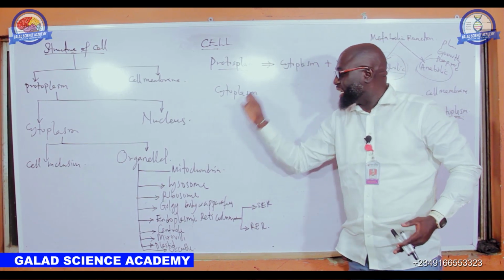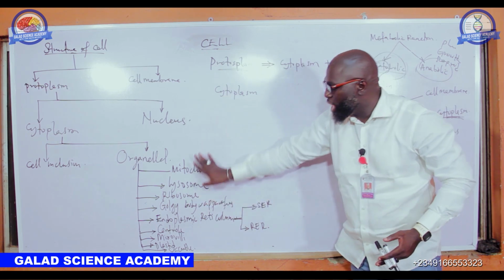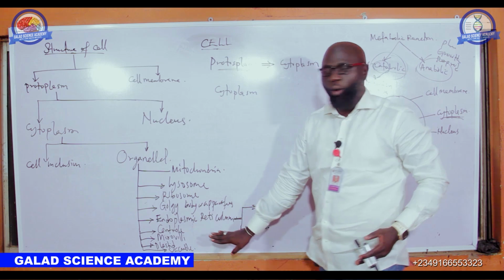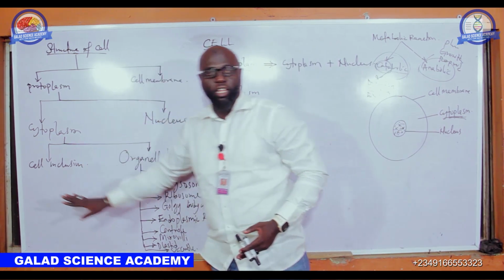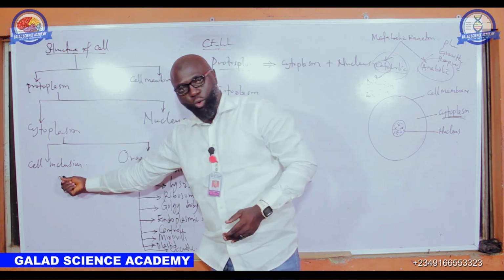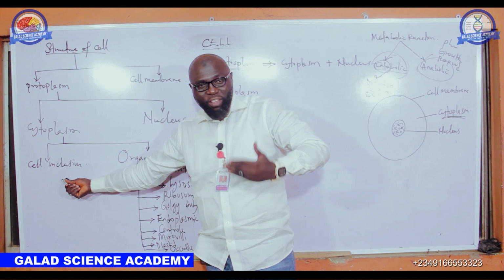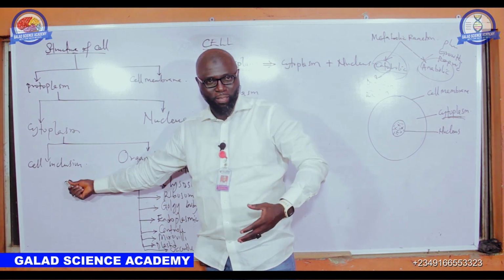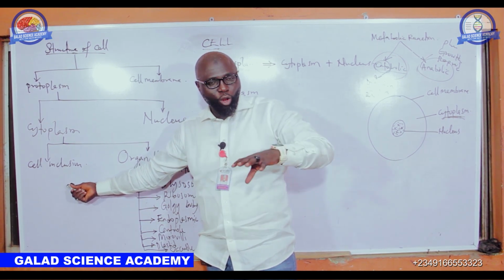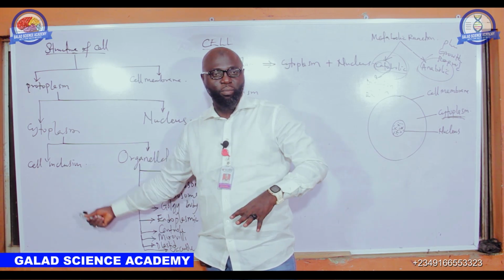That is cytoplasm. And cytoplasm is also comprised of cell organelles and cell inclusions. What is cell inclusion? Cell inclusion is the non-living parts of the cell. Not all cell components are living parts.